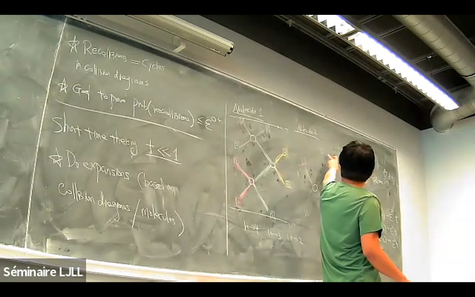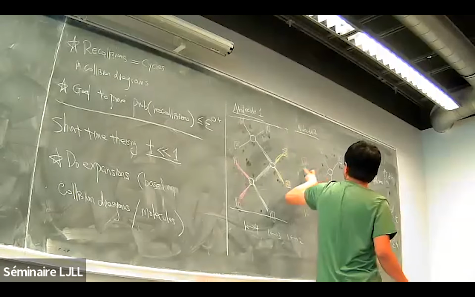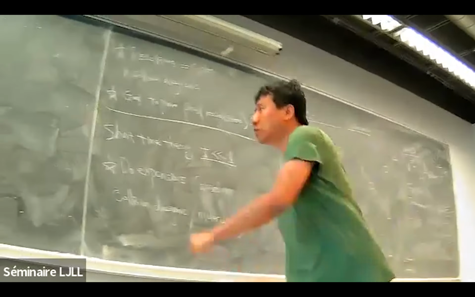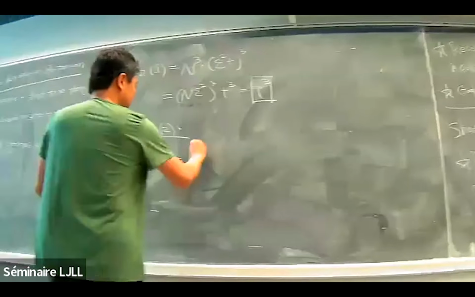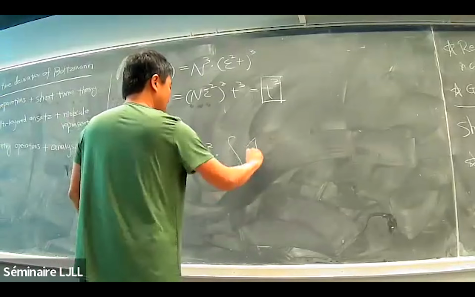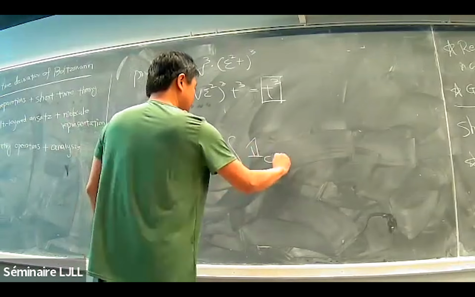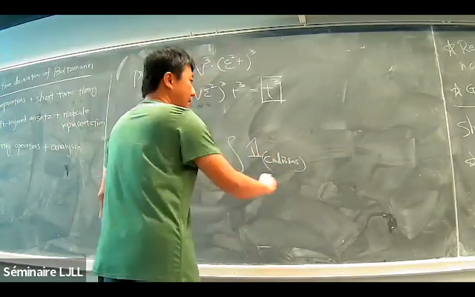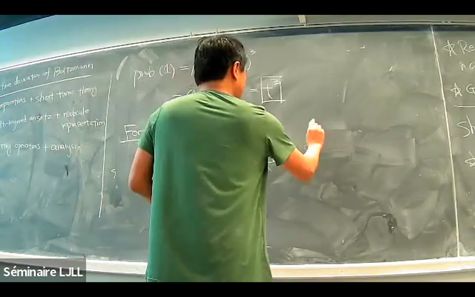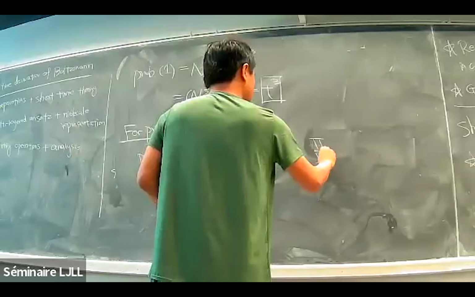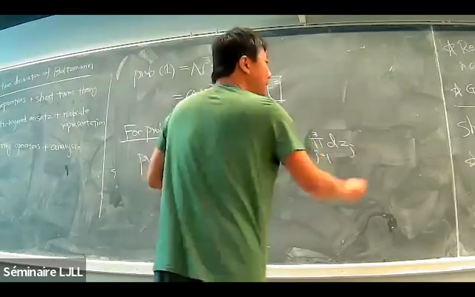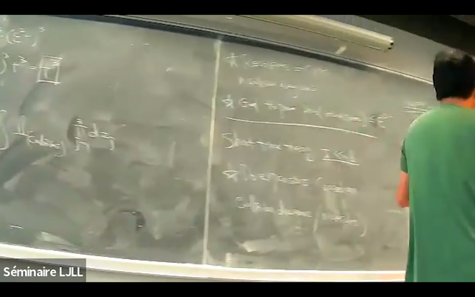You fix it, and there are 2 other particles, number 2 and number 3. You have n squared times the integral of collisions, and the product over j.